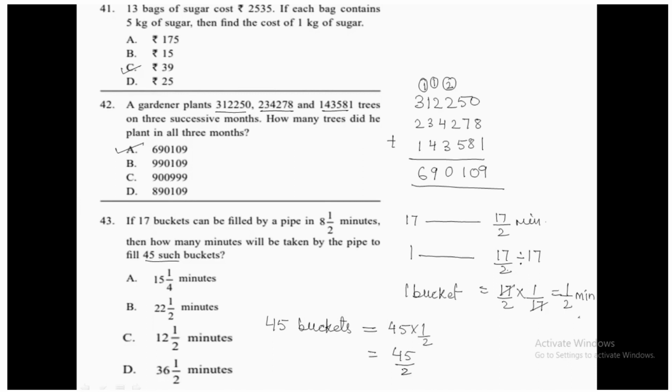When we convert this into a mixed fraction, 2 times 22 is 44, then 1 will remain, so we will write 1 on the top and 2 at the bottom. So we are getting 22 whole 1 by 2 minutes. Okay, so that is our option number B.